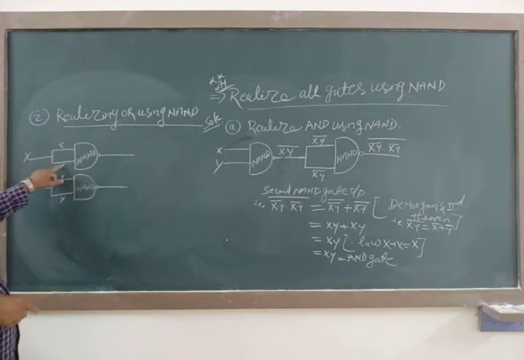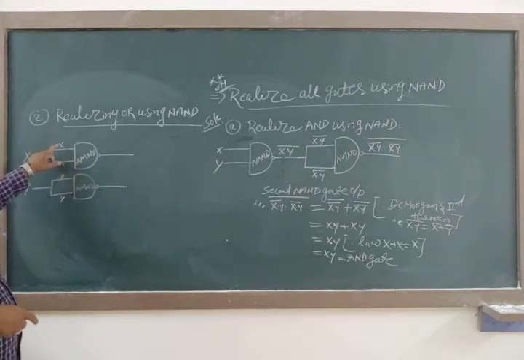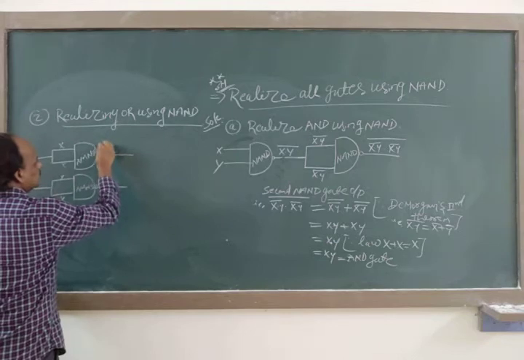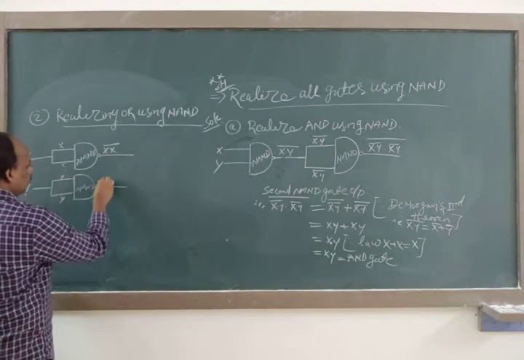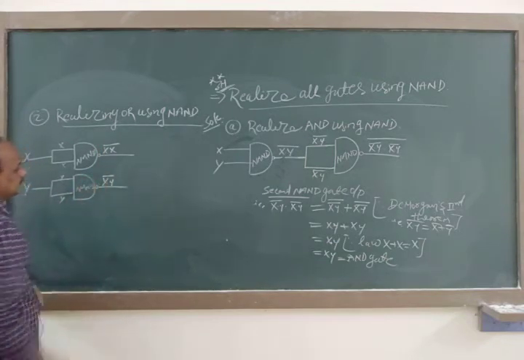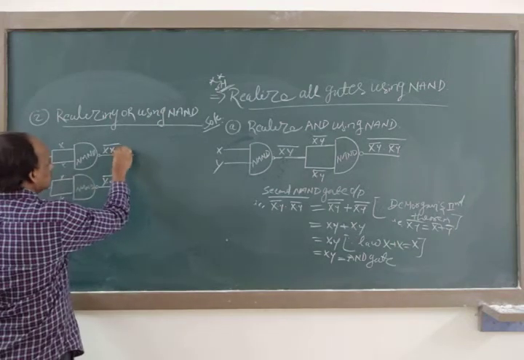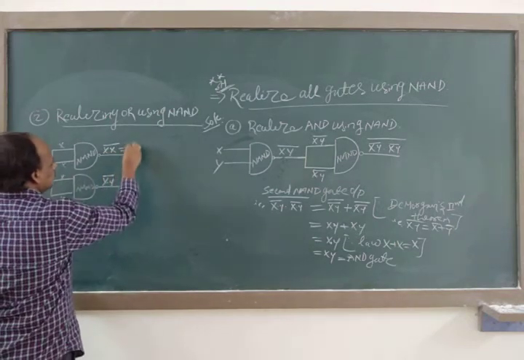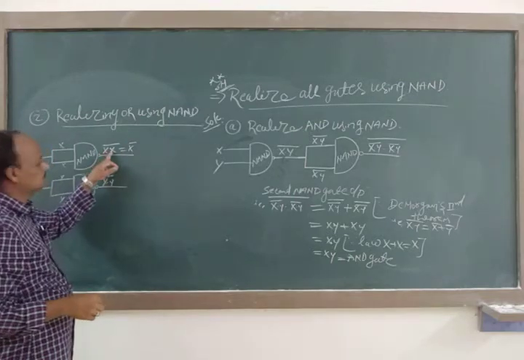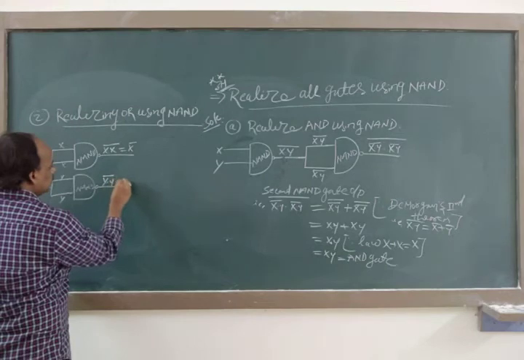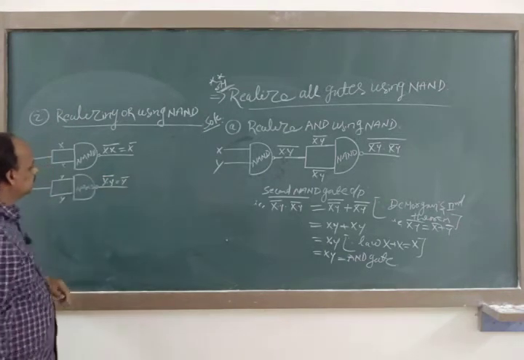When x is passed into the NAND gate, we are getting x into x whole bar. Here also y into y whole bar. That is, x into x whole bar can be written as x bar, because x into x, whole bar, means x bar. Y into y will be equal to y bar, right?